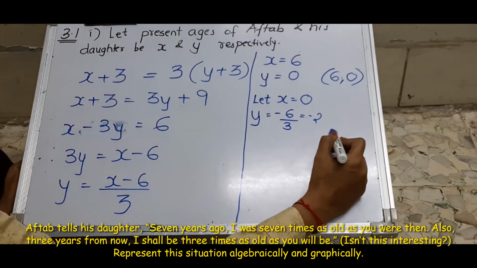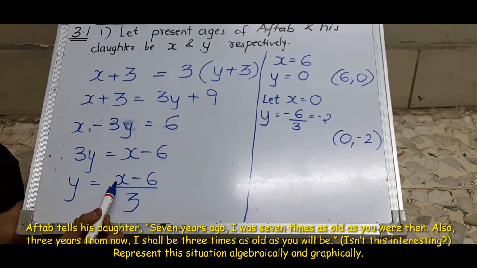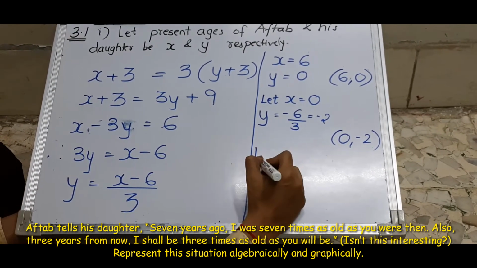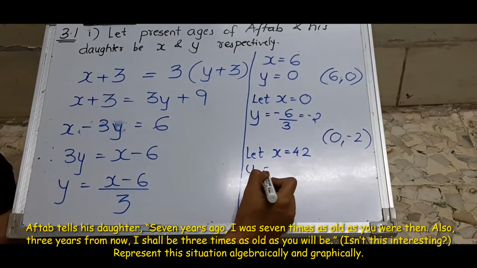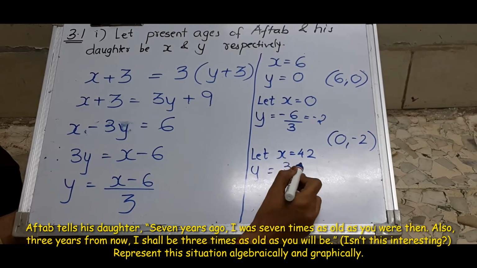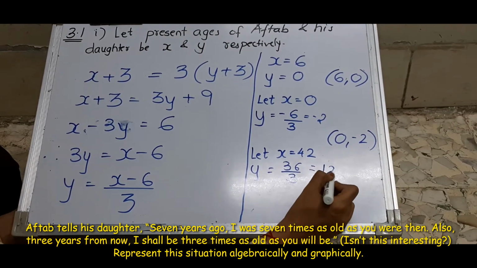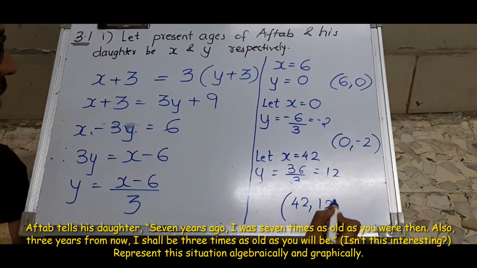So my point is 0, minus 2. Now I'll take x as 42. So y is 42 minus 6, which is 36. 36 upon 3 is 12. So my point is 42, 12.